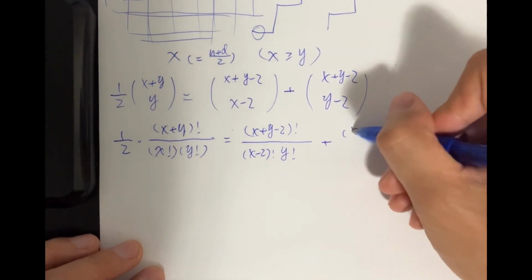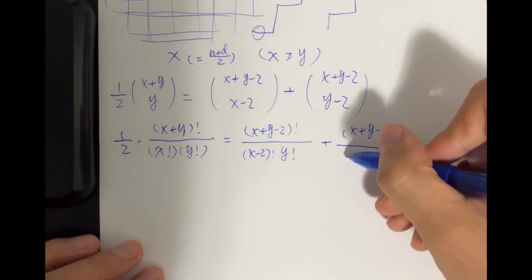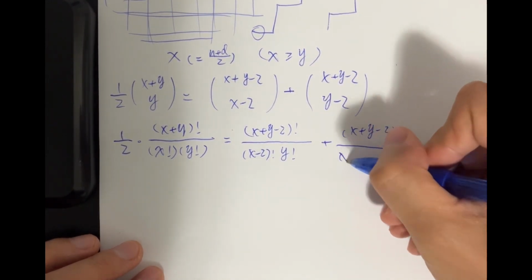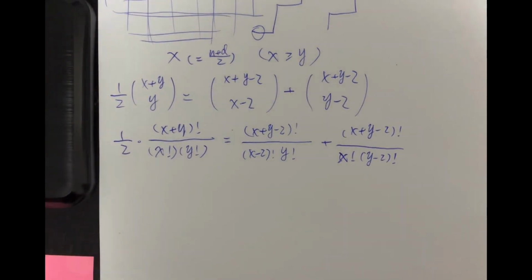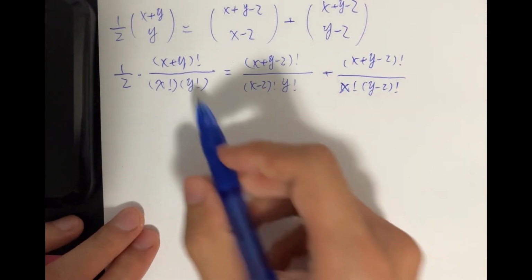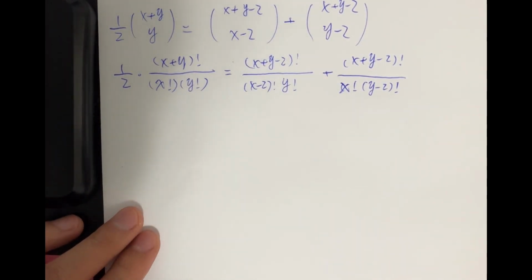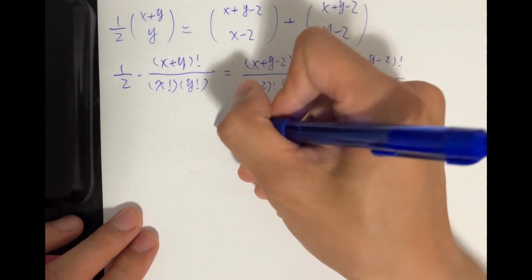For this part, for the same reason, I'll just do it quickly. It's x factorial and (y minus 2) factorial. It's not quite hard to deal with because things can be removed at the same time. For example, this part and this part can be removed from the top.